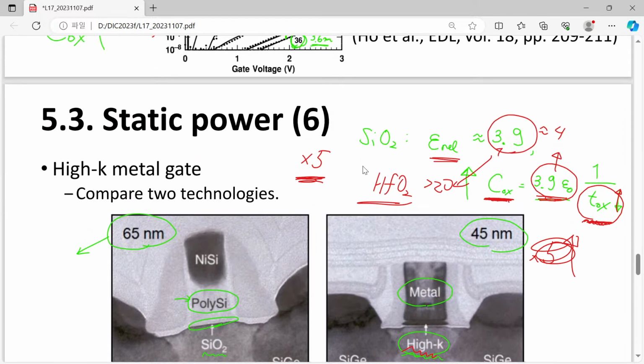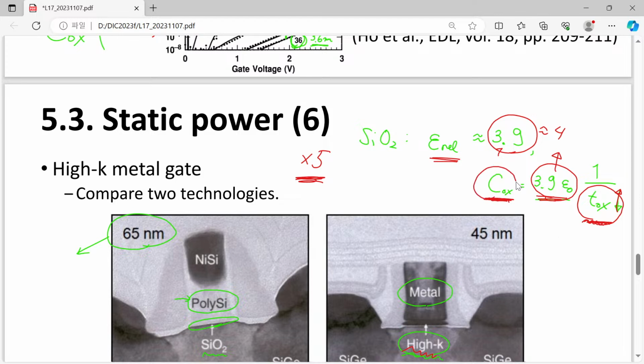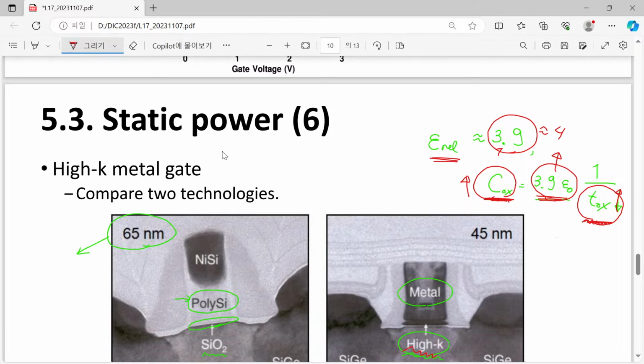I understood that we are all striving to increase oxide capacitance. So let me just come back to our very basic long channel MOSFET expression.